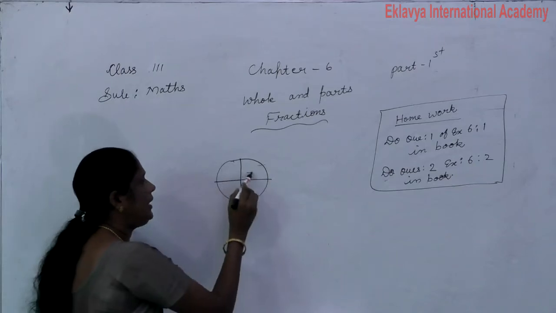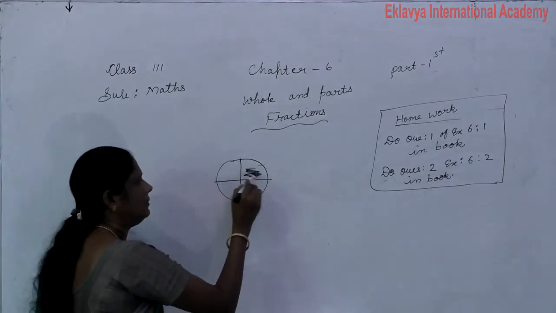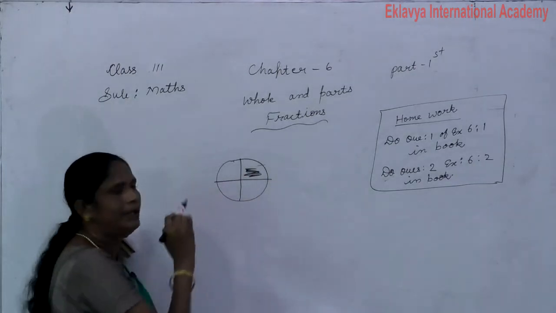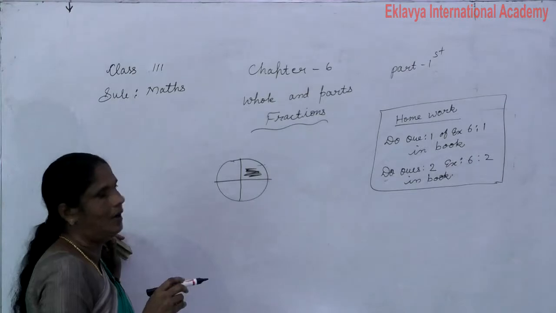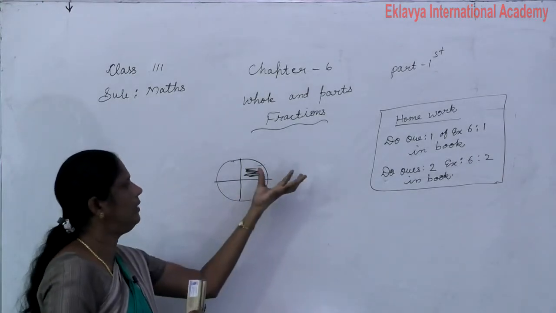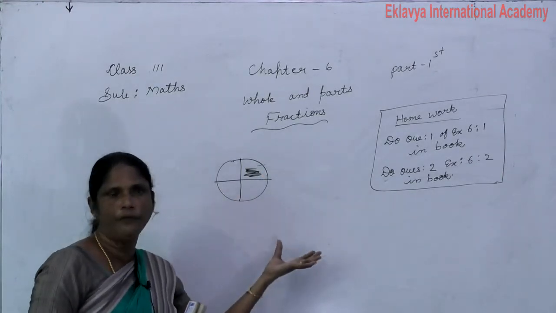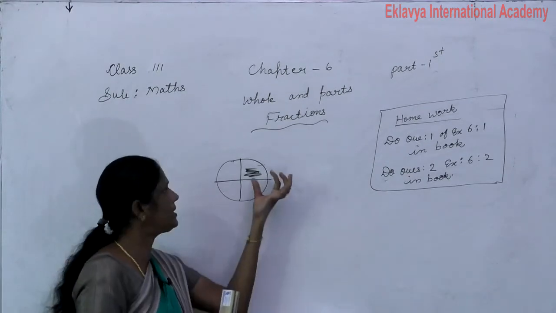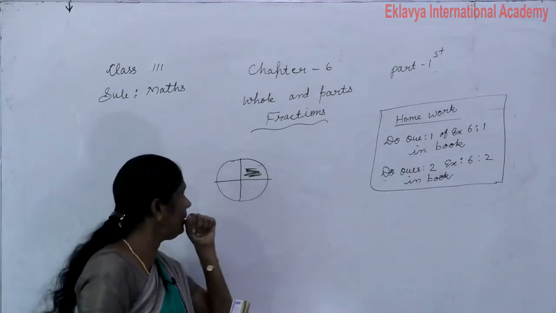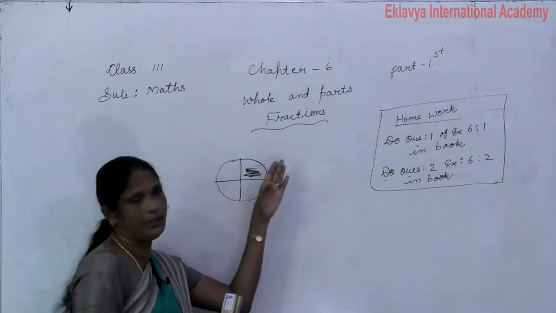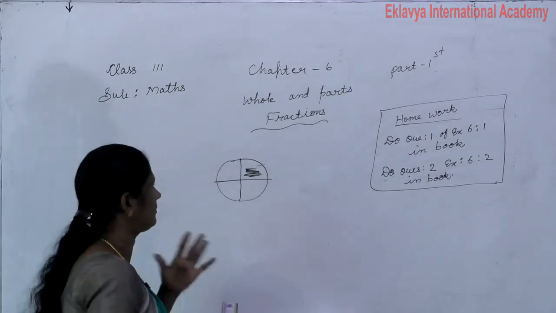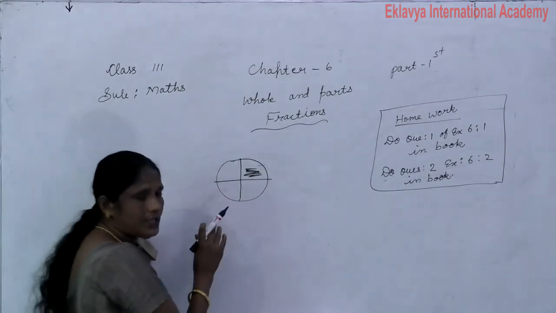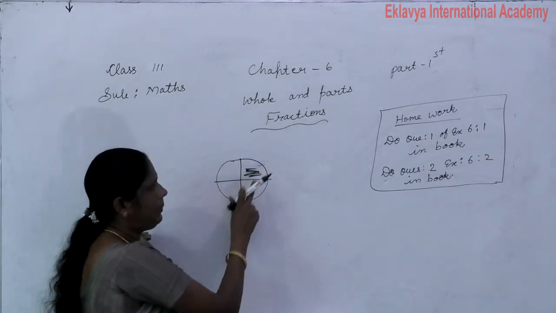Now look here. I shaded in one part. I colored in one part. Now what is the fraction of this colored, shaded part? First you write the shaded part.